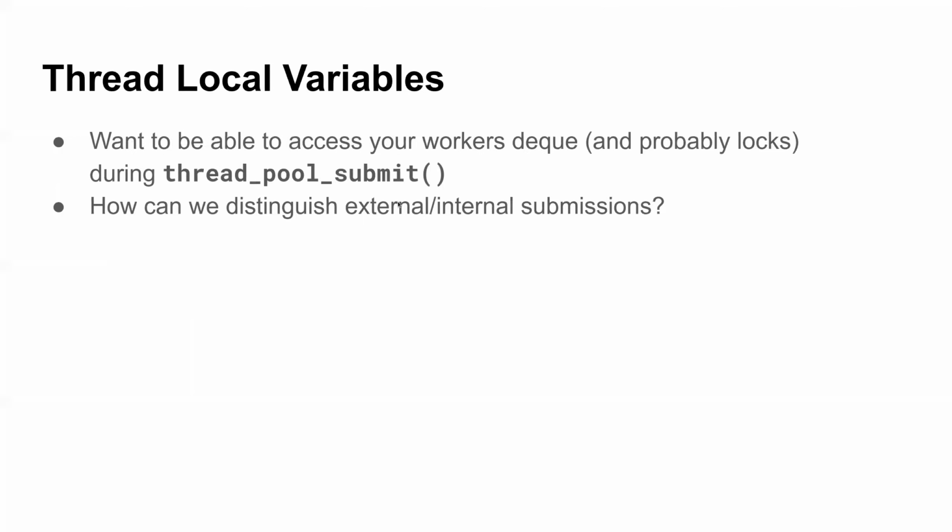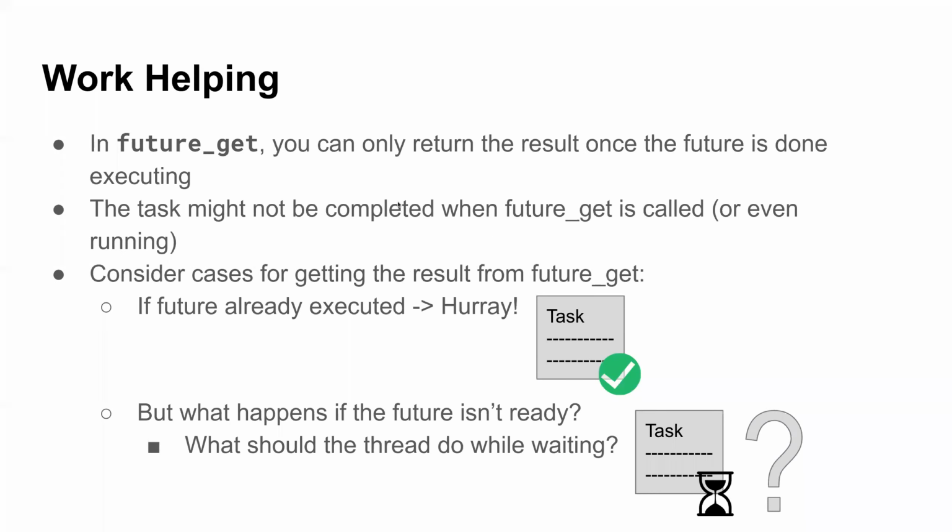So let's go back to that section real quick, and I'll try to explain this better. But basically, when future get is called, if your task hasn't already been executed by any of the worker threads, you need to figure out what to do here. And if it's being run by another worker, then you basically have to wait until that other worker completes the task, and you should be working on other tasks inside of the thread pool.